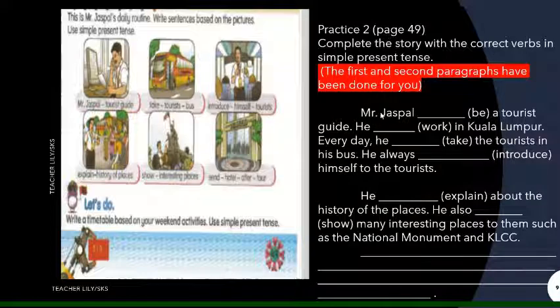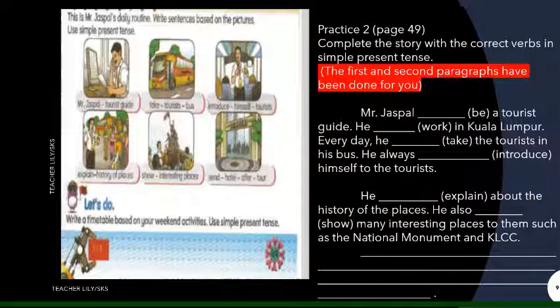When you write this in your book later, make sure you write the first paragraph first, after that the second, and then the third one you have to make yourself. Class, you can refer to page 49 in your textbook, and you can refer to my video also, so that you will not miss anything.